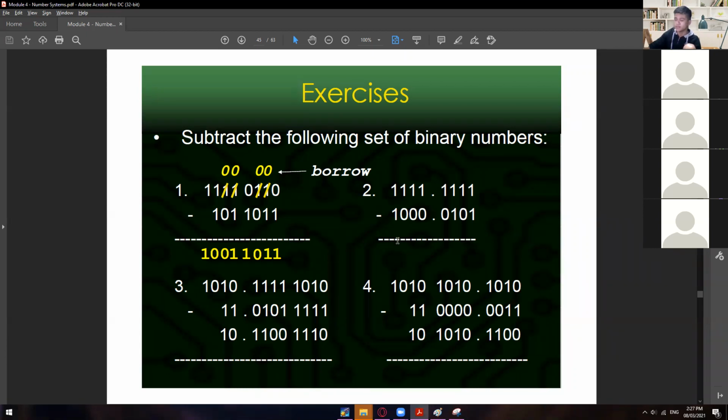So is there still someone who's quite confused when it comes to subtraction? All right, so I'll take that as a none.